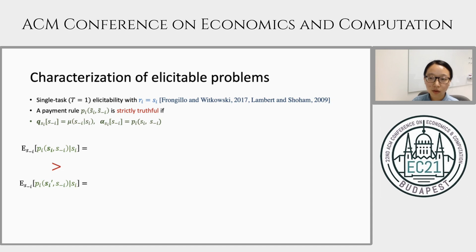And a participant i's expected reward is basically an inner product of two vectors. So we define vector q_i to be agent i's posterior about other people's truthful reports. And we define the vector π_{s_i} to be how much agent i will receive for all possible reports of the others.